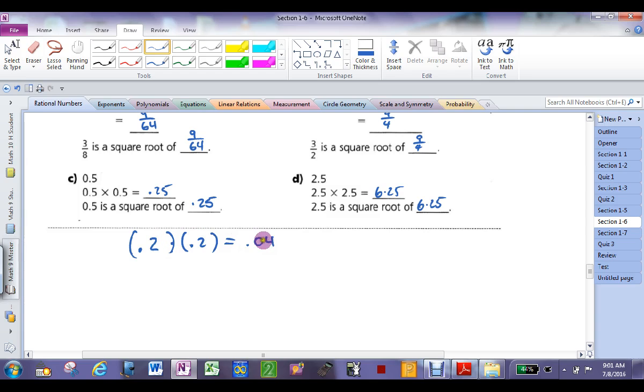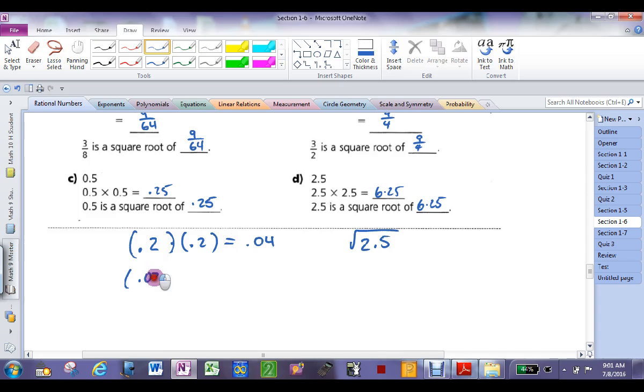So it has to have at least 2. So the question then becomes, is it possible for this to have a square root that's perfect? Yes or no? No, because it's only got 1 decimal place.